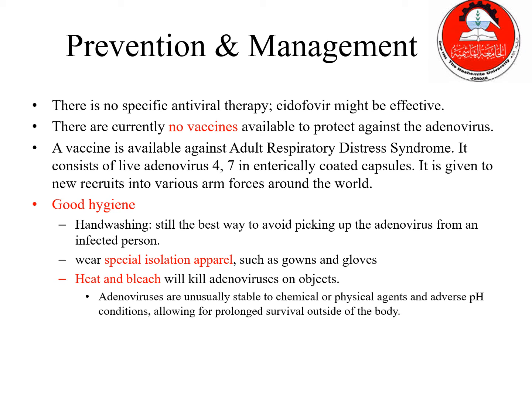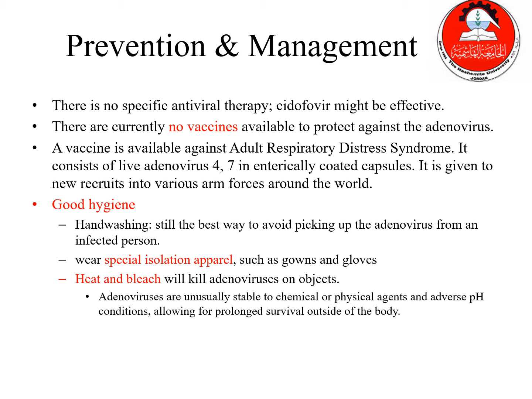Prevention and management. Is there a specific antiviral drug for adenovirus? No, there is no specific antiviral drug, but they found that cidofovir might be effective in certain cases. Is there a vaccine? Well, there is a vaccine. It's not for the general population.